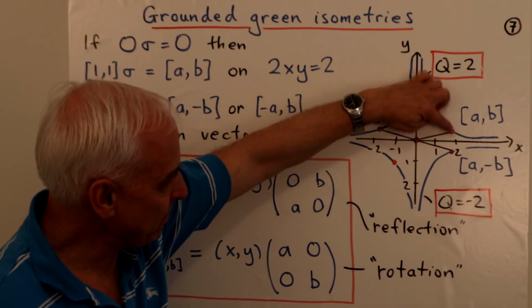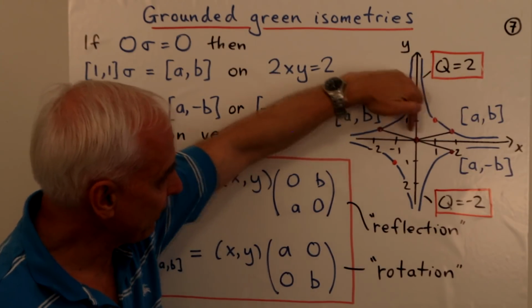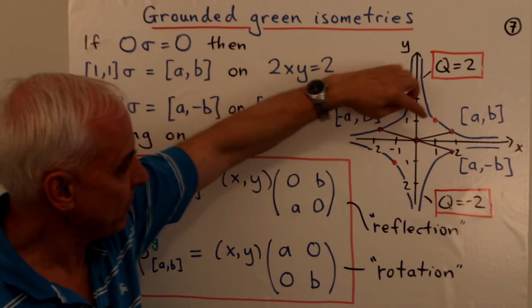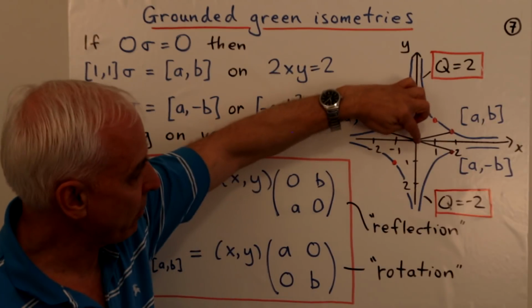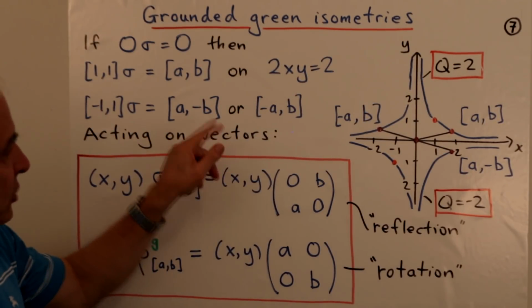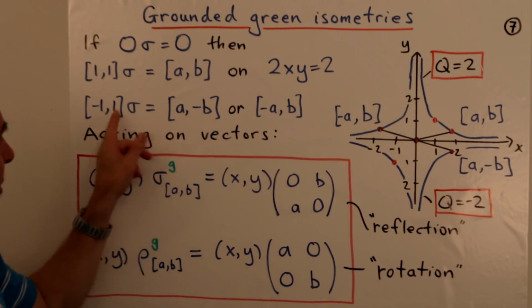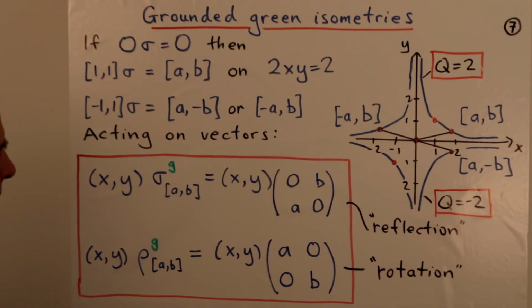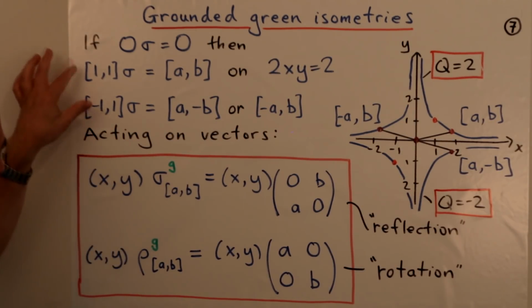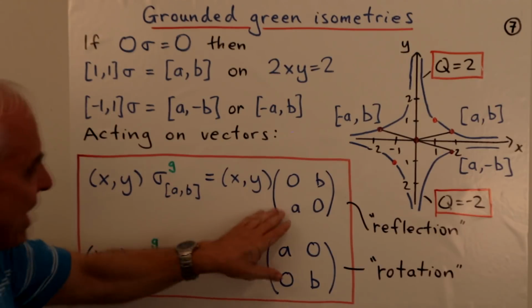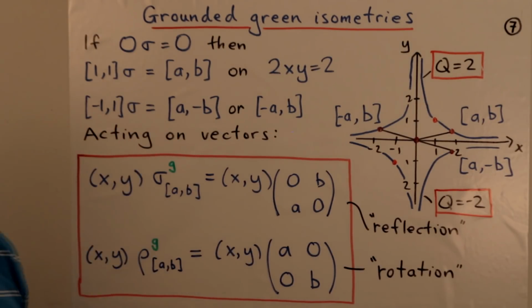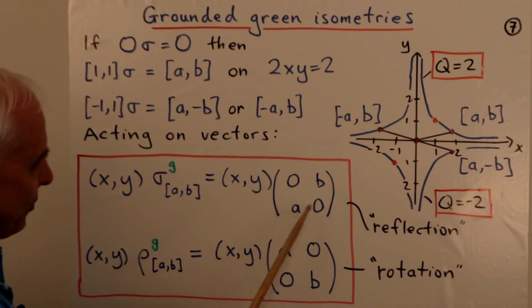So the reflection of AB is A minus B, and the reflection on here would be minus AB. So this vector is perpendicular to that one and also to this one. So those are the two possibilities for where minus 1, 1 goes. And then you have to think a little bit about how to cook up matrices that accomplish this task. So here's what they are.